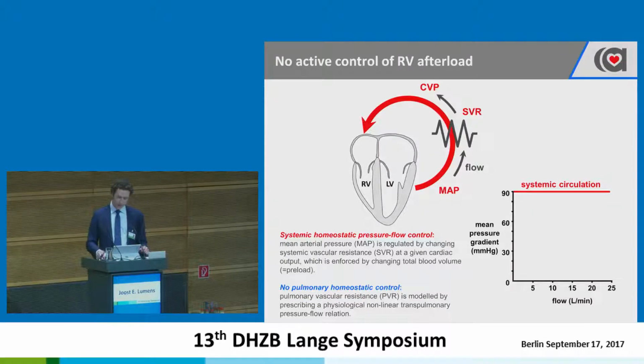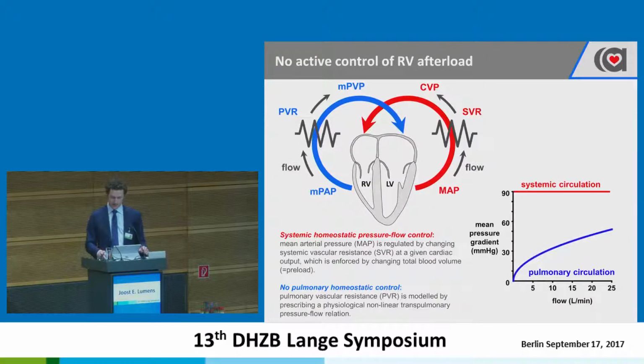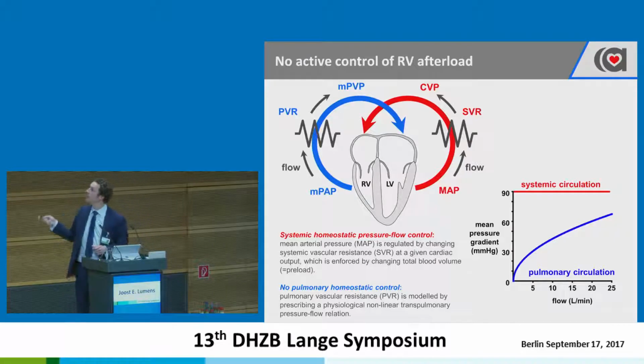Then the pulmonary circulation is different. We know that it actually behaves non-linearly, and in this case, this is pulmonary hypertension, but actually the tangent of this line is pulmonary vascular resistance. This is the mean pressure drop across the pulmonary circulation, so mean pulmonary artery pressure minus wedge pressure, or mean pulmonary venous pressure, and this is the flow going through.